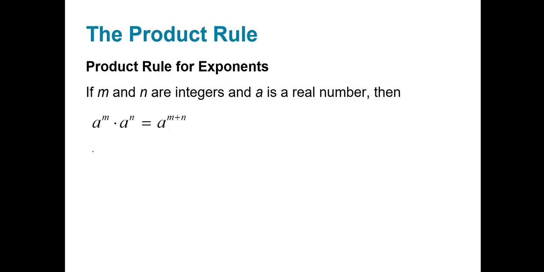So if you were to have x squared times x cubed, the rule says that when we multiply and the bases are the same, we're simply going to add the exponents. So that means we get x to the 5th. If we have a to the fourth times a to the fifth, that's going to give me a to the ninth. All right, so this is the product rule.